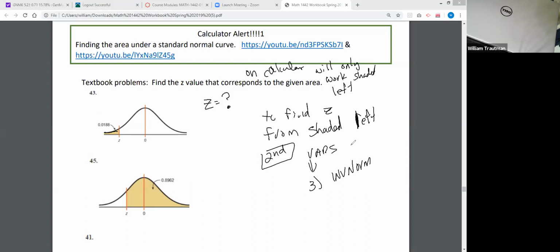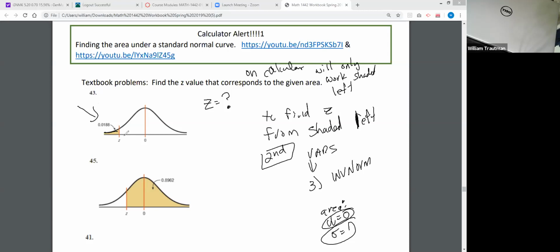If you're following, hit second vars, number 3, and it's going to say area. It's going to say average is 0, standard deviation is 1. Leave these as 0 and 1, like I said before. And we're going to find the z value here.